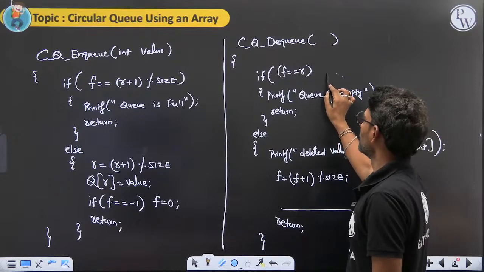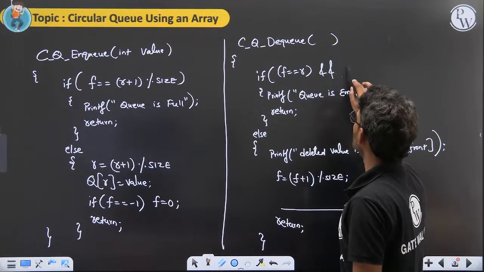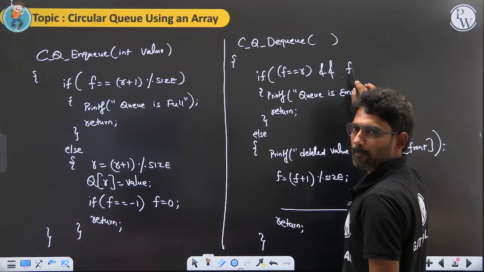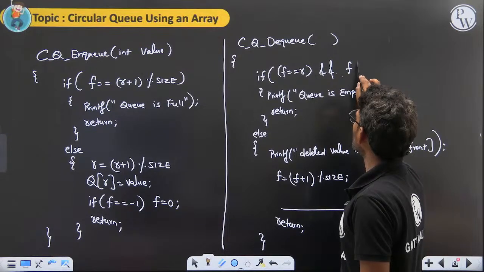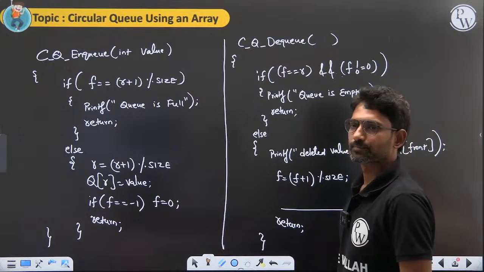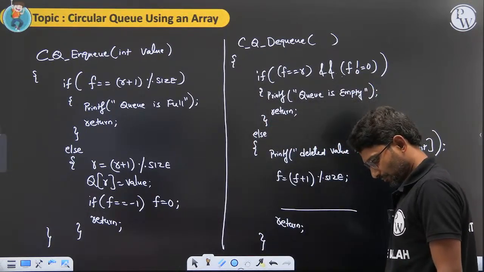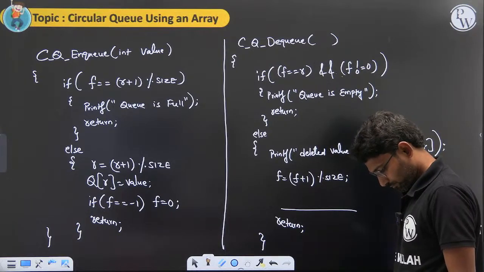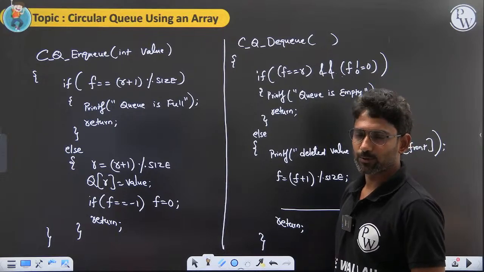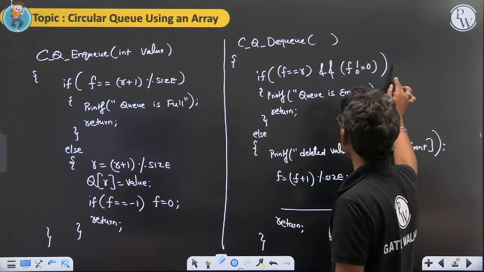So what do I do? Here I write one more condition: and if front not equal to 0. Again this has a bug.